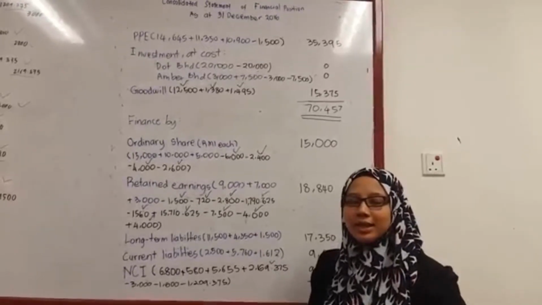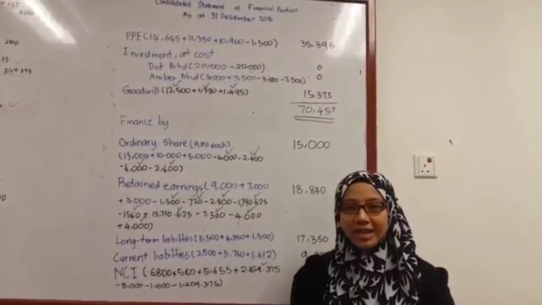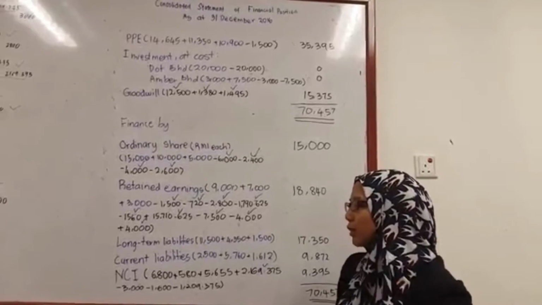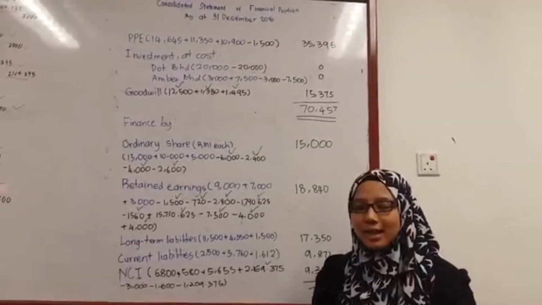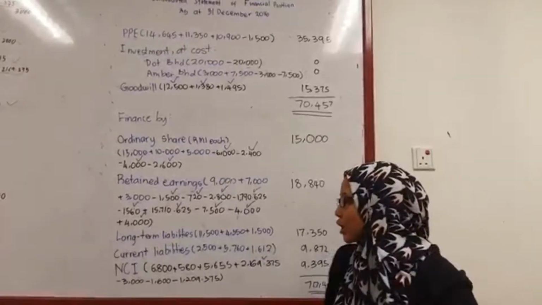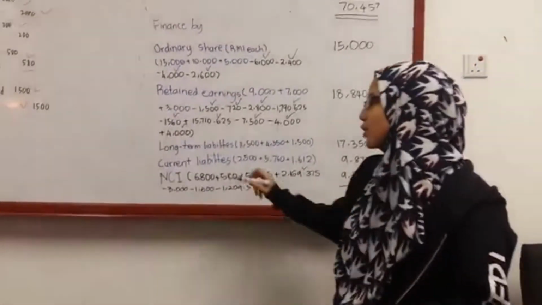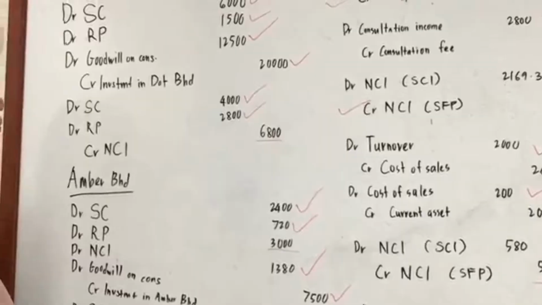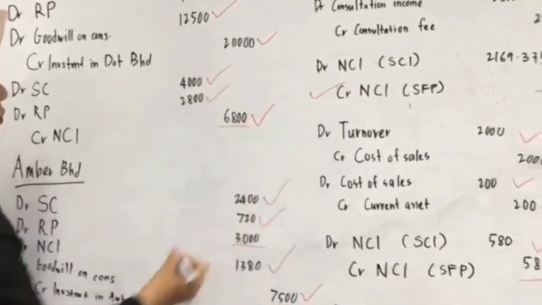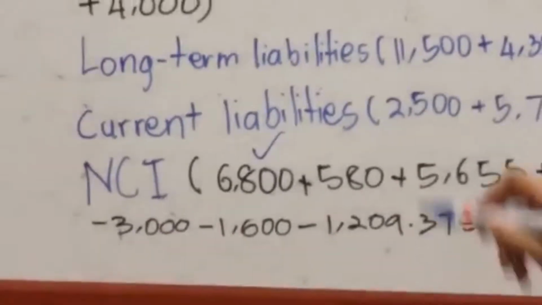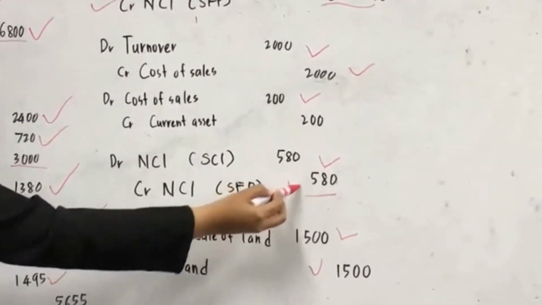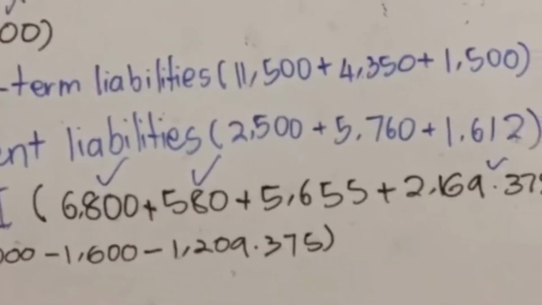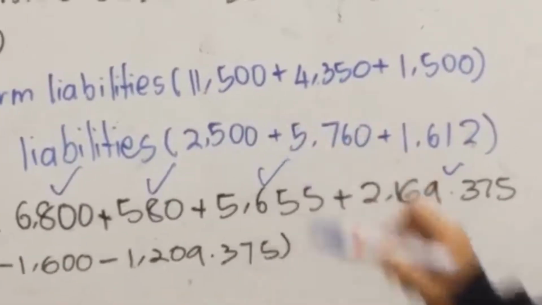Lastly, since we have the allocation for NCI, we need to include NCI in the financial position. So we need to put NCI under the equity. So first we add 6,800. We add also 580. And then we add 5,655.